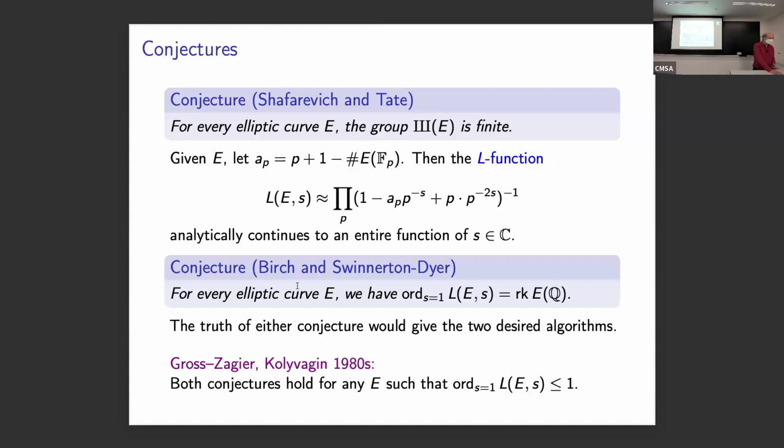Okay, so for example, if you knew that this conjecture were true, or if you knew that this conjecture were true, either one would let you solve the 2 algorithmic problems that I had on a previous slide. For example, for this one, if you know that this is always true, and somebody gives you an elliptic curve and you want to find its rank, here's what you can do. By day, you can search for rational points in the elliptic curve, and given any collection of rational points, it's not too hard to find the rank of the group that they generate.